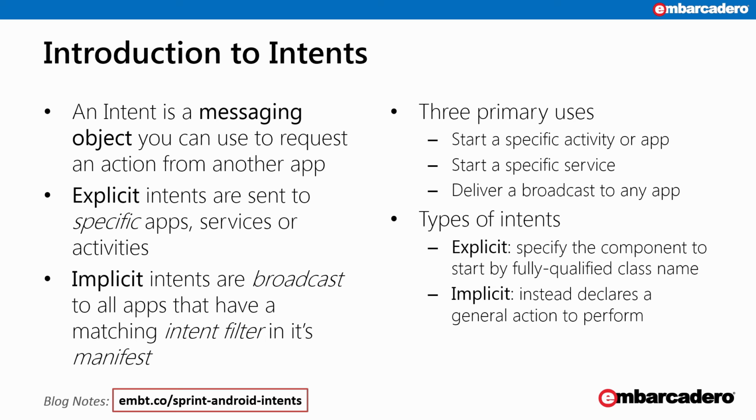Rather than writing barcode scanning into your application, you communicate to that app, let it do the barcode scan, and send the result back. Again, as long as that application defines an intent, you can use it. And as I mentioned, there are explicit intents where you specify the component name, or implicit intents that are a general action. We'll see the sending and receiving of intents in the demonstration.